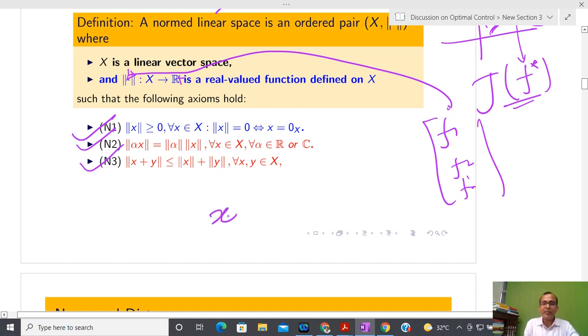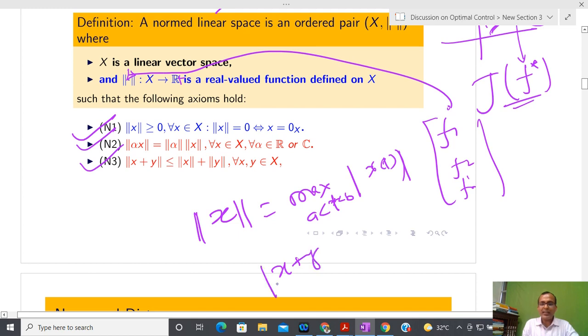The zero norm of x is the maximum over t in [a, b] of the norm of x(t). Now in place of x you can replace x plus y. Then again I have the maximum over t from a to b of the norm of x(t) plus y(t).